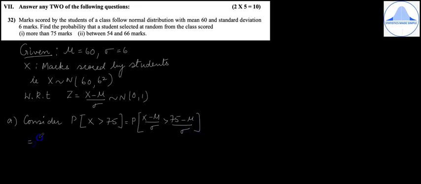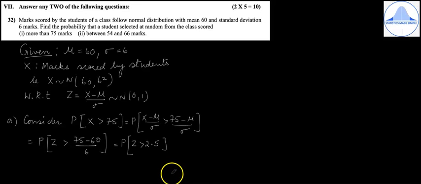So we get this is equal to probability of x minus mu by sigma, which is z, greater than 75 minus 60 divided by 6. So this is equal to probability of 15 divided by 6, that is probability of z greater than 2.5.